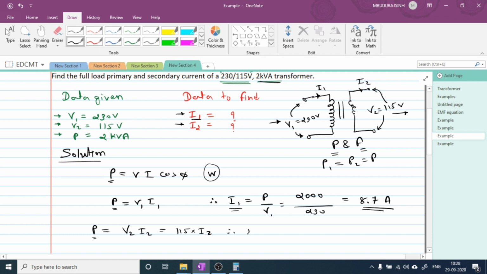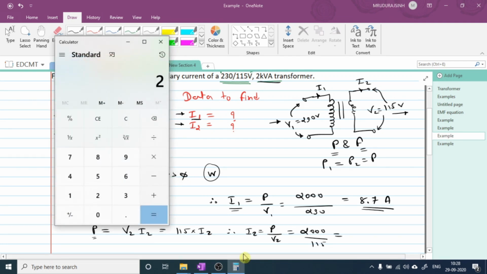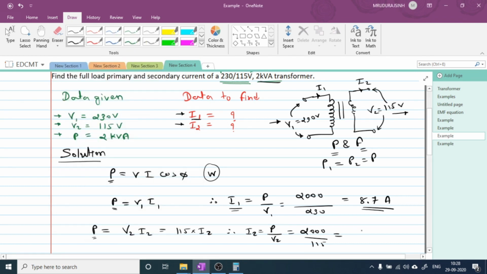So if I write this equation for I2, P by V2, it's 2000 divided by 115, and 2000 divided by 115 gives us 17.39. So we'll take it as 17.4, right? 17.4 ampere. So that's it.